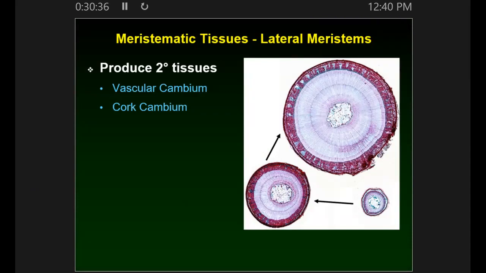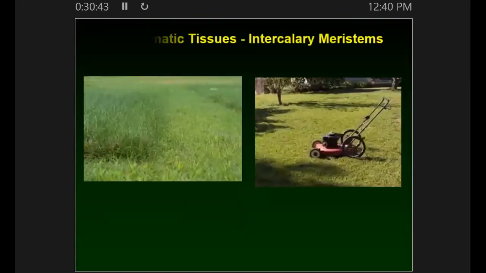So we'll talk more about all of this again as we work through root, stem, seed anatomy, okay? And then grasses are interesting because they have what's called intercalary meristems in the blade of the grass. And so that's just another area of active growth.